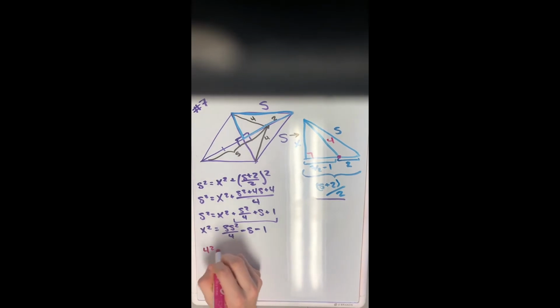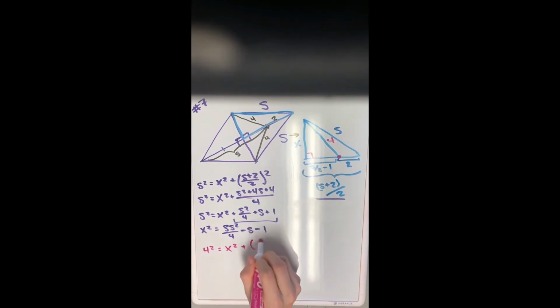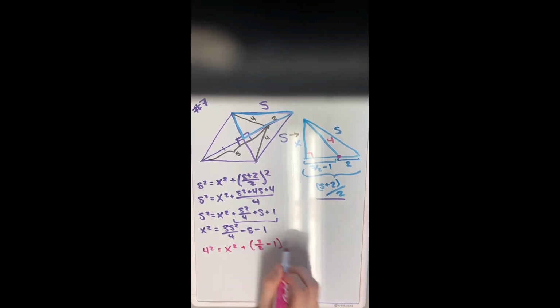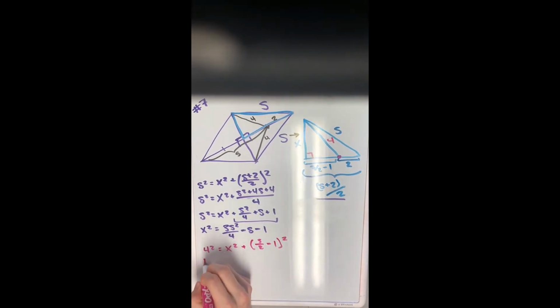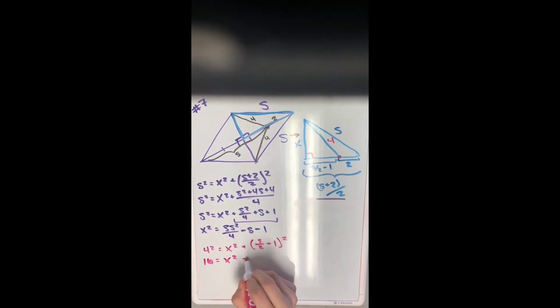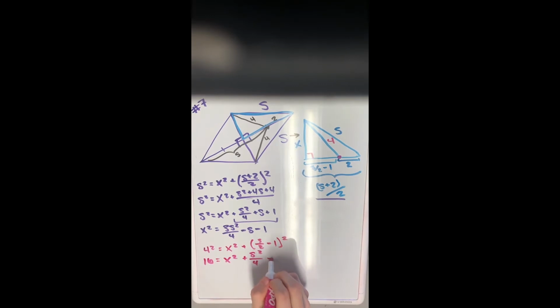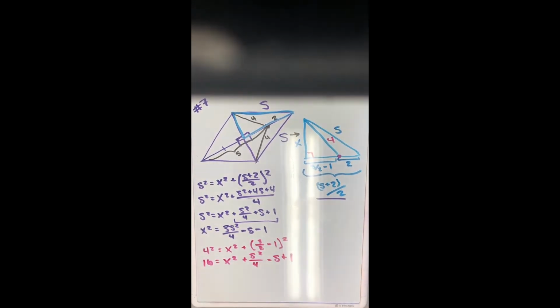So I know that 4 squared is equal to x squared plus s over 2 minus 1, because that is the distance of the base, and that is also squared. So we know that 16 is equal to x squared plus s squared over 4 minus s plus 1 when you square this.